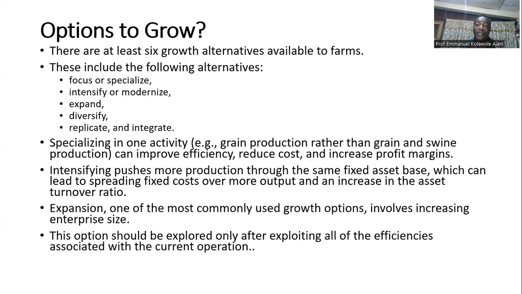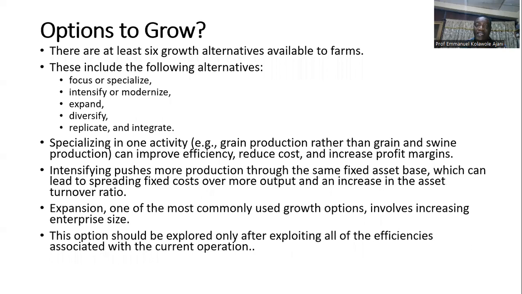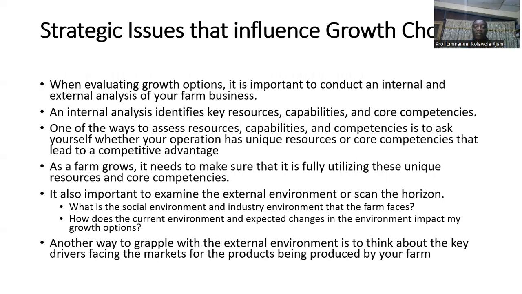It is now left for the farm manager to decide which alternative fits into his production strategy, the strategic direction of the operation. Now, what are the strategic issues that influence growth choices?